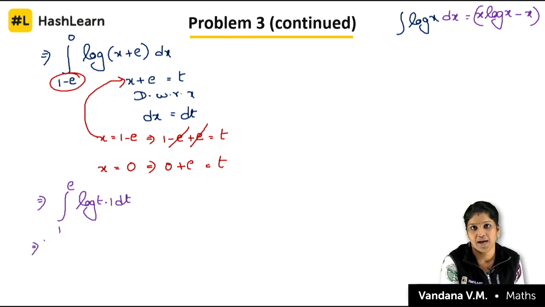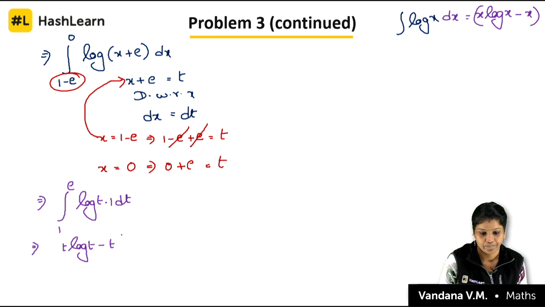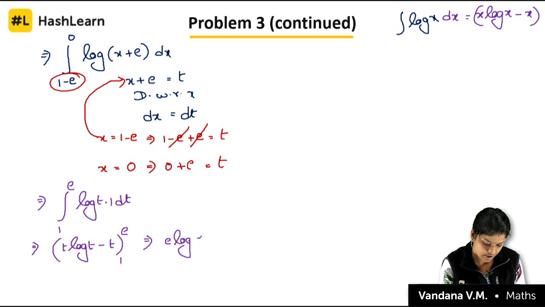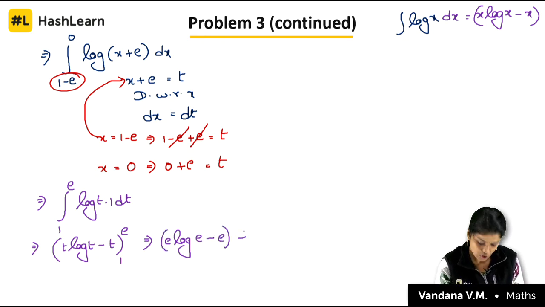Now I know the formula x log x minus x, so it becomes t log t minus t, from 1 to e. Now apply the limits. What is your upper limit? e log e minus e. This is your upper limit minus the lower limit.